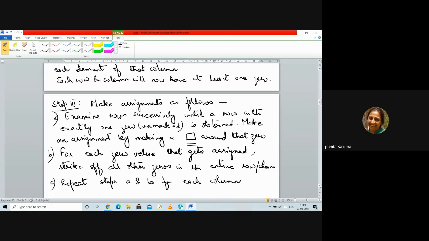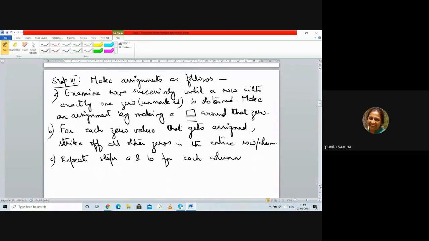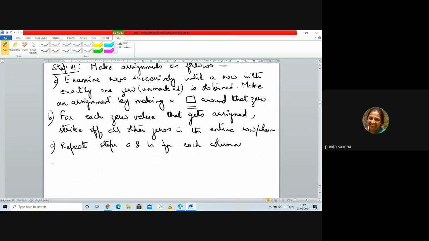Now what are the situations you can end up with? One is that there's no confusion, nothing, and you are repeating these steps and you get your solution. The other could be that a particular row or column has two or more unmarked zeros, you may end up with this.